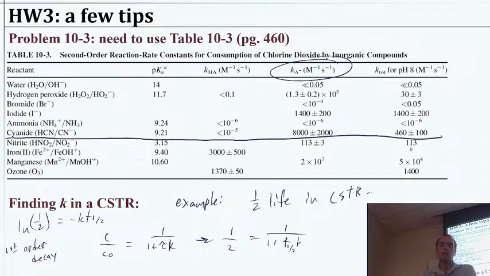We'd have to be given some specific information, and normally to say that a particular residence time cuts the, I'll just leave it as t1/2. But it would have to be very specific to say, in this CSTR, at this residence time, was able to reduce it by 50%, right? Then you could set up something like that and solve for a k. That's possible, but again, that's not what the problem is asking for, because the problem does think you remembered that table, essentially, or looked it up or something.